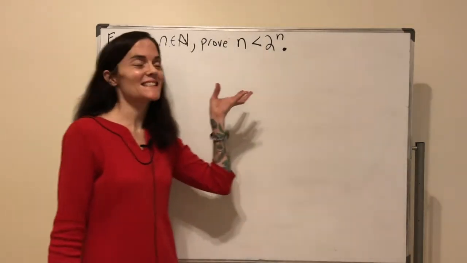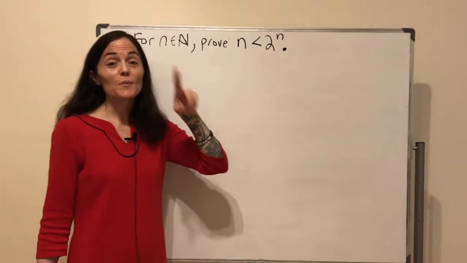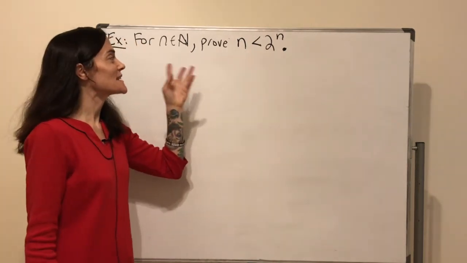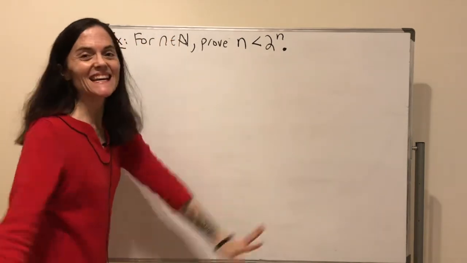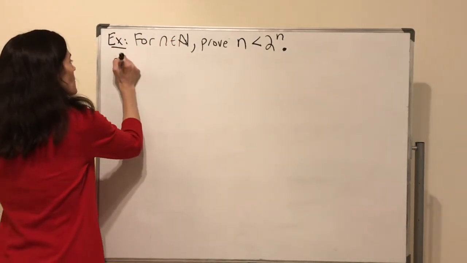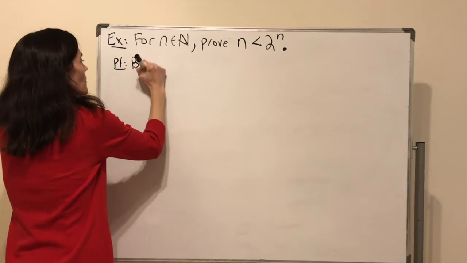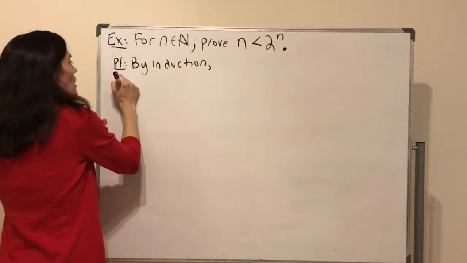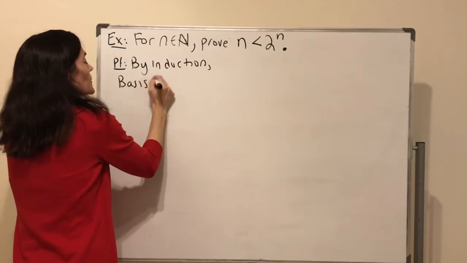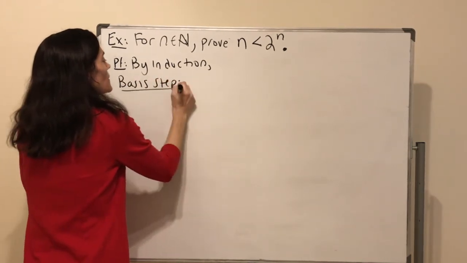Here's my next example. We will prove for natural numbers n that n is less than 2 to the n, using induction. Well, our basis step will be for n equals 1.